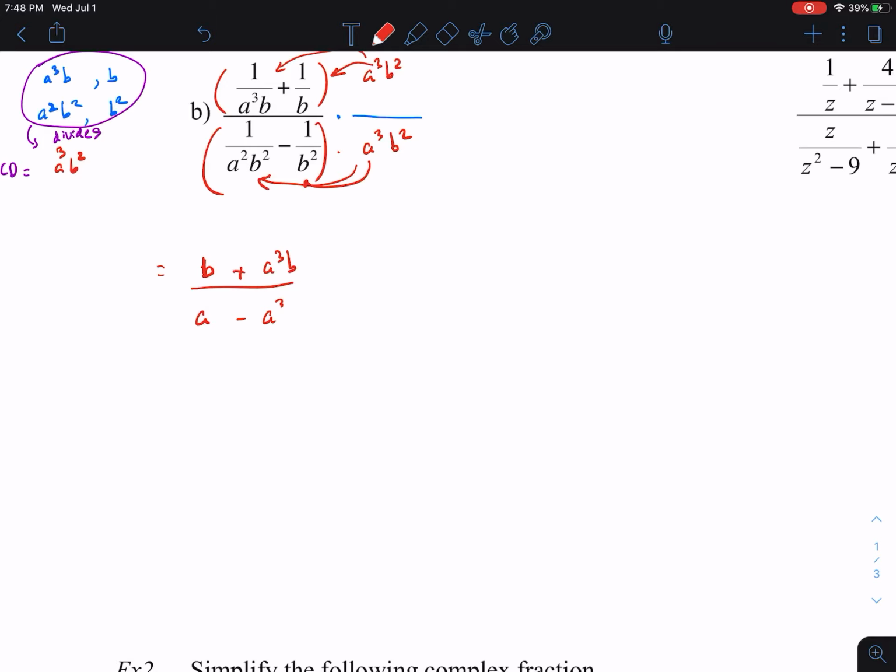We can factor this further if we want. If we factor the b out, we get b times 1 plus a cubed, and we factor a out down here, so we get a times 1 minus a squared.